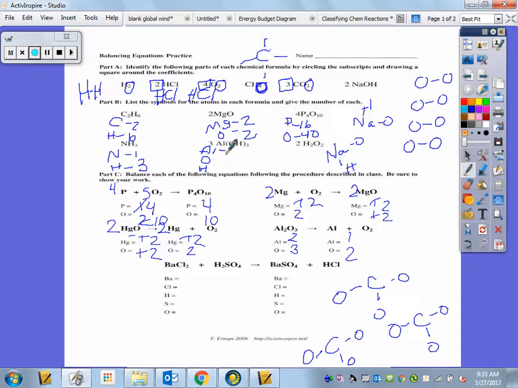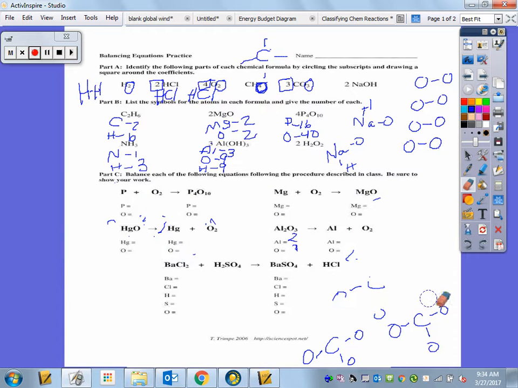So 3 times Al is 3, 3 times O is 3, but this is an (OH)3, so there's 3 oxygens times 3, so 3 times 3 is 9, and then same thing with the hydrogen, 9. So let me erase some of this and draw that out for you if you're not understanding. Let me get a big old eraser on here. Clean all this up.